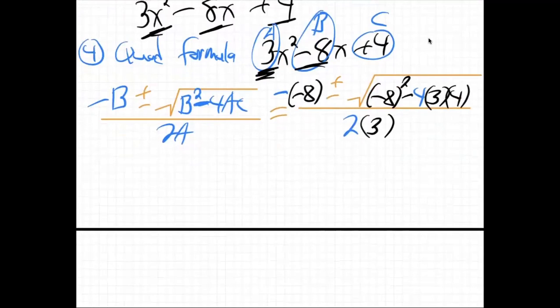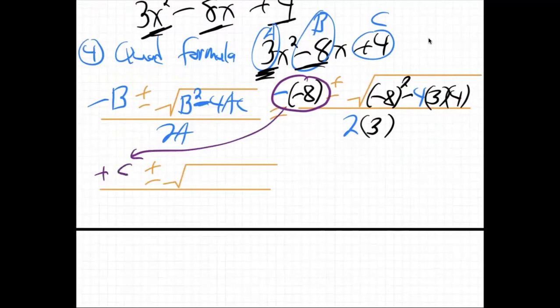All right, so now coming on down here. Negative, negative 8. 2 negatives, positive 8. Plus minus square root of B squared, that's 64. Now minus times plus is going to be minus. Use your calculator there, 16, 48, I think. 12, so yeah, all over 6.